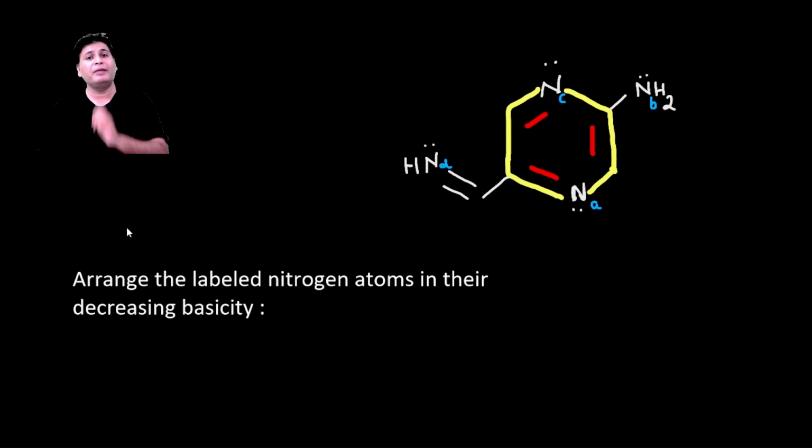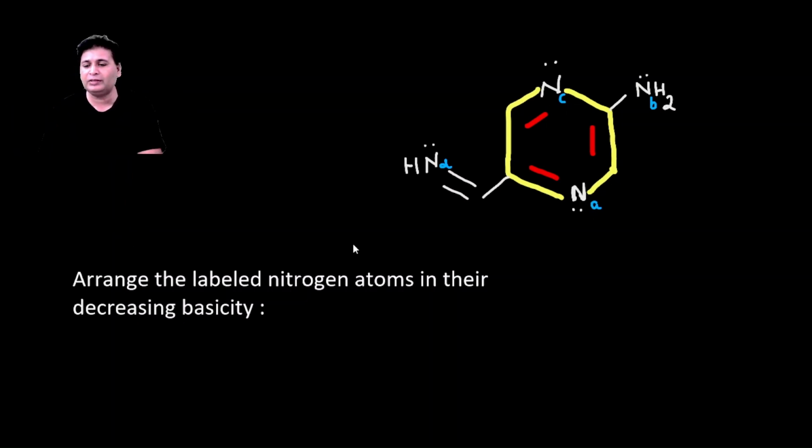So you should remember that higher the extent of conjugation, more you can delocalize that lone pair on more number of atoms, lesser will be the availability of lone pair on that nitrogen, and because of which the basicity of nitrogen will decrease. So having said that, let us try to see each case in a very fundamental way.